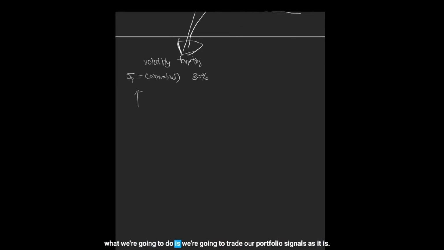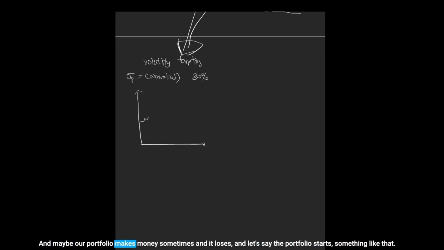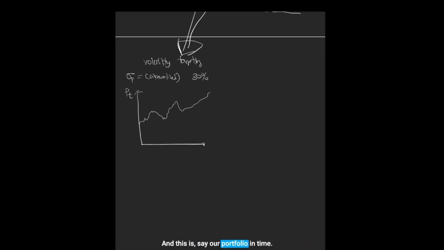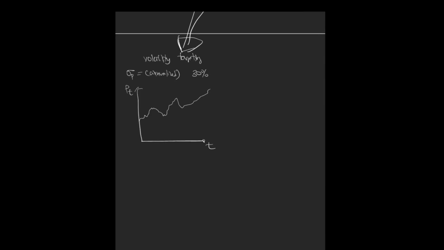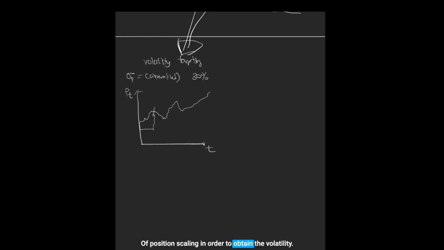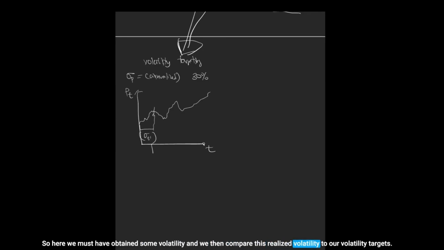Then what we're going to do is we're going to trade our portfolio signals as it is, and maybe our portfolio makes money sometimes and it loses, and this is, say, our portfolio in time. And here we must have used some level of leverage or some level of position scaling in order to obtain the volatility. So here we must have obtained some volatility, and we then compare this realized volatility to our volatility target.